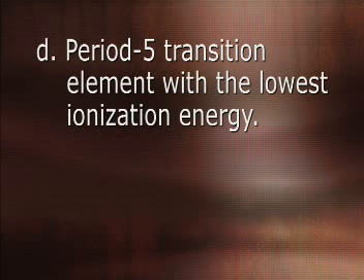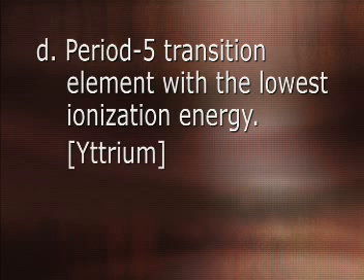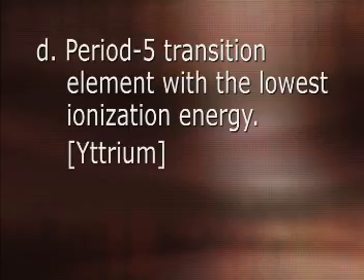Finally, the period 5 transition element with the lowest ionization energy is yttrium. If you are able to figure out each element, great work! If you are having some trouble, please review your notes from our previous lessons and ask teacher for some extra help.